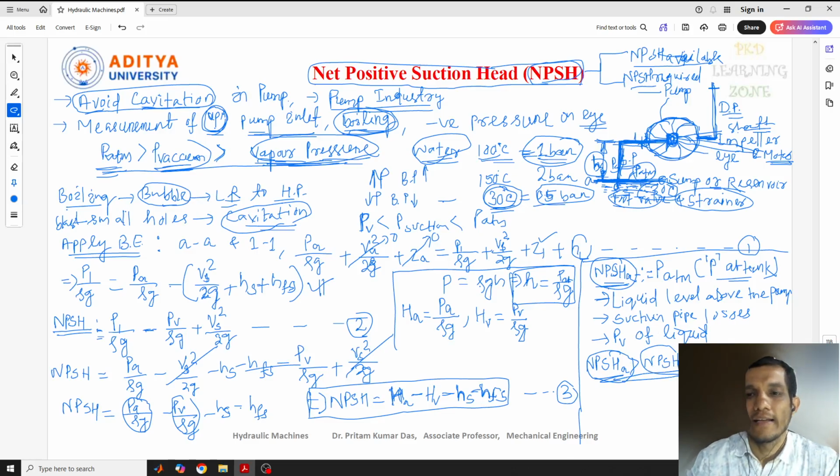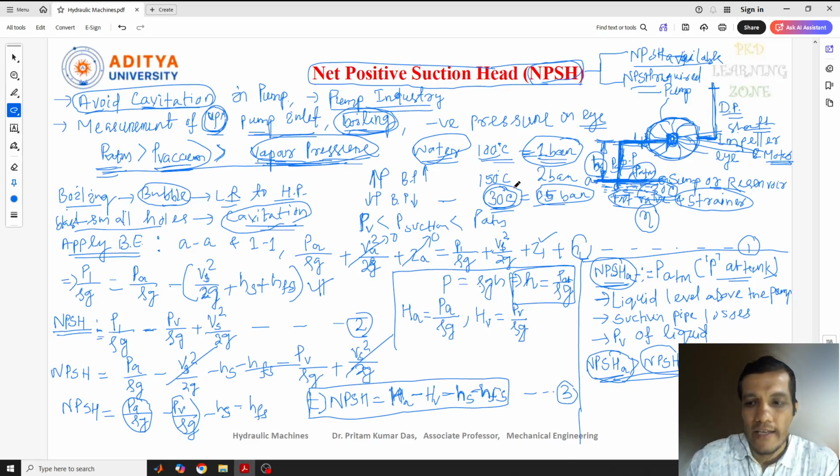If it is less, then cavitation will be formed and it will be very difficult to run the pump. If cavitation is formed, it is going to affect the efficiency, and the performance of the pump is going to be reduced. Many other effects will be there. In the last lecture, I already explained this in detail.